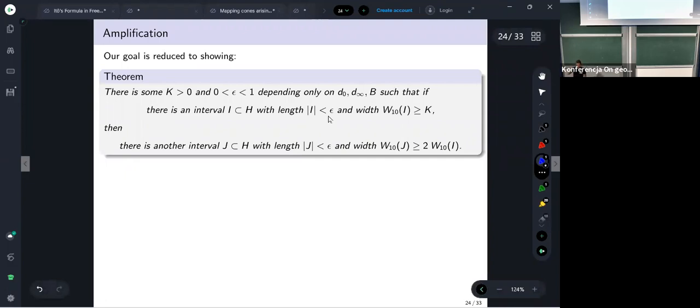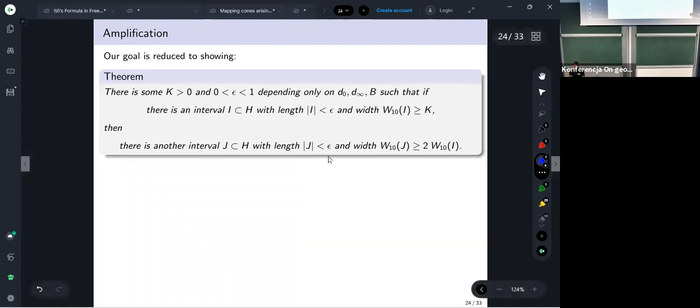And then it has width, so W10i at I over here is sufficiently large, say greater than k. And then there is another interval. So from I over here, you can find another interval of, again, sufficiently small length, but then the width, W10j, is going to be at least twice the W10i.